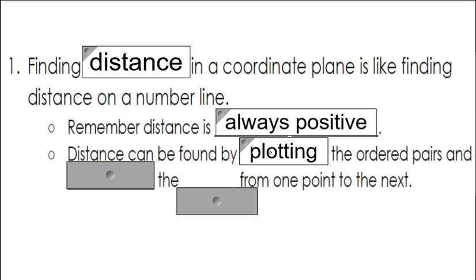Distance can be found by plotting the ordered pairs and counting the squares from one point to the next. So anytime you graph the points, you can just count how far apart they are. To me, that's not always the easiest way, though.